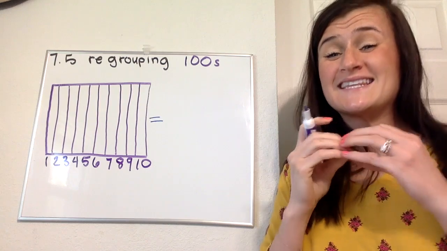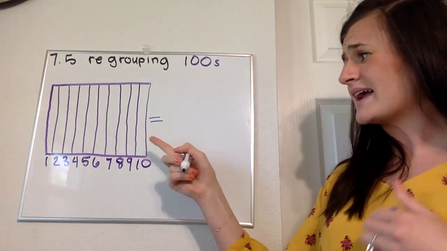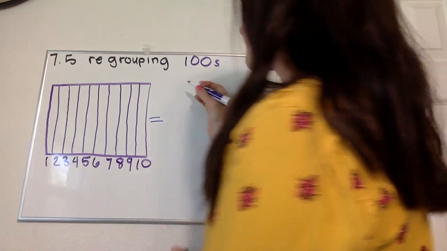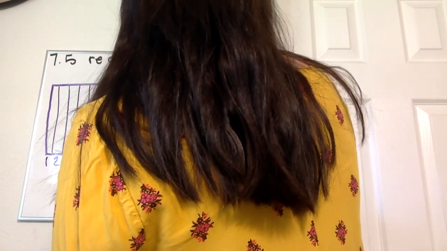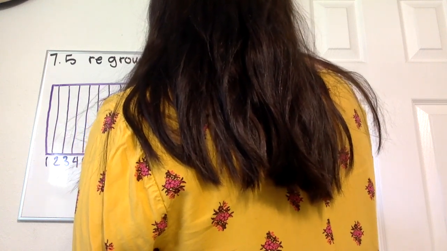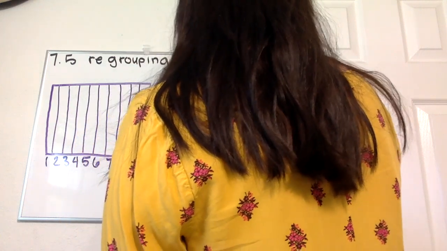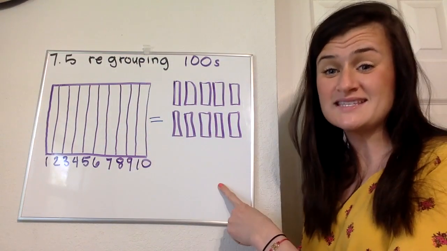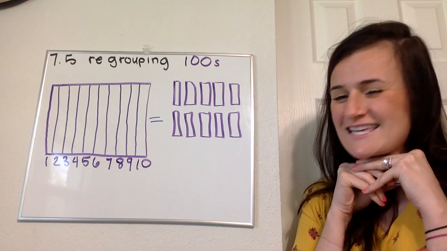So when I need more 10 sticks, I can break this hundreds cube into 10 sticks. Watch. 1, 2, 3, 4, 5, 6, 7, 8, 9, 10. So today we are going to be using this.